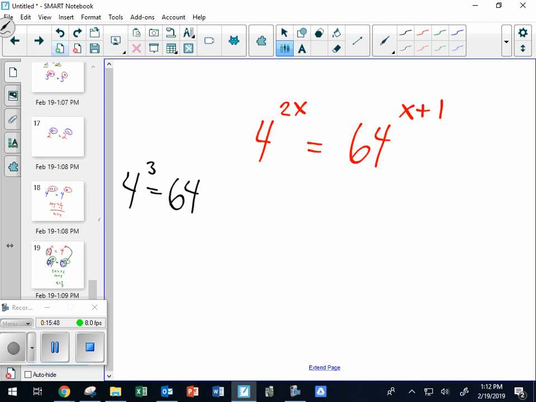I know I'm leaving some of you in the dust here. If you're getting lost, I'm going to back down to an easier question, then get you to compare with the kid next to you and see if you can do this when it's slightly easier than this. Replace the 64 so that you have the same base on both sides.